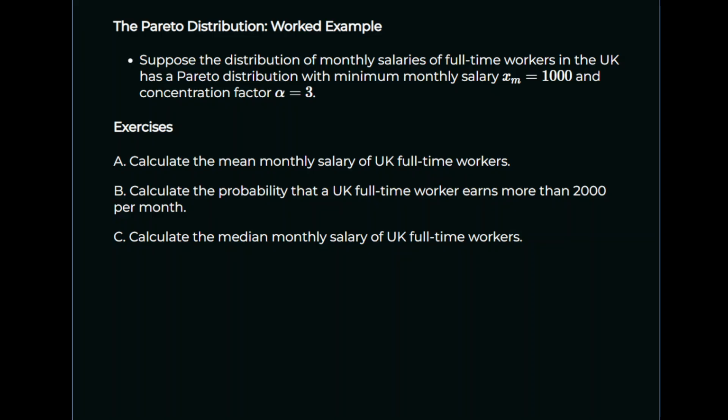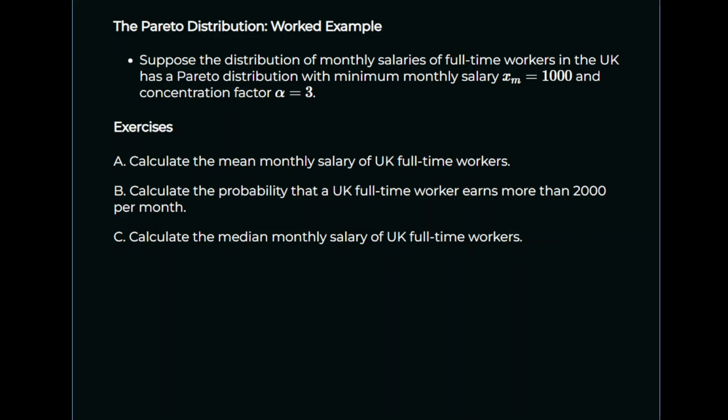We're given three exercises here. Calculate the mean monthly salary of UK full-time workers. Calculate the probability that a UK full-time worker earns more than 2000 per month. More than, so that's the complement of the cumulative distribution function. And calculate the median monthly salary.